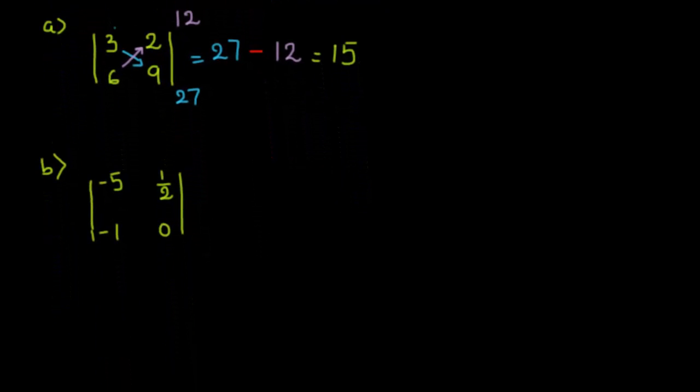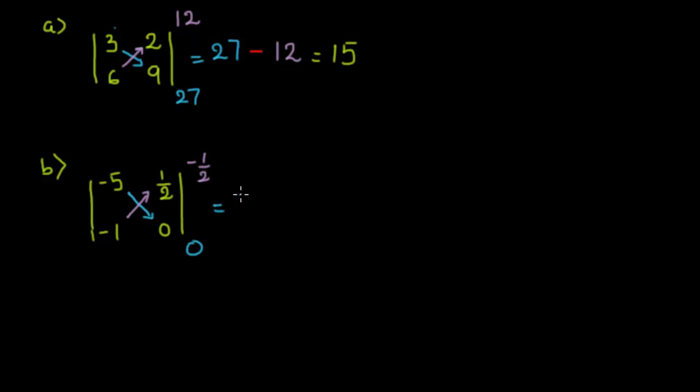Okay. Let's practice one more time. For problem B, we have this determinant: -5, 1/2, -1, 0. We do the same concept, multiply across all the way down. So -5 times 0 gives me 0. And -1 times 1/2 gives me -1/2. Then again, bottom subtract top.